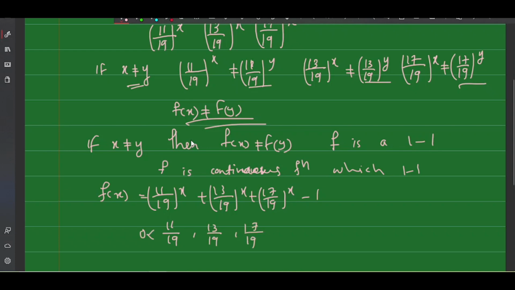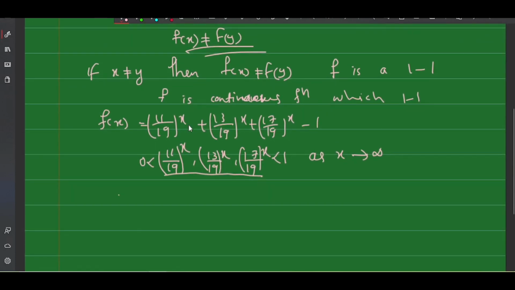All these are positive numbers which are less than 1. So when we consider the powers as x tends to infinity, all of these terms will tend to 0. So f of x tends to minus 1 when x tends to infinity.